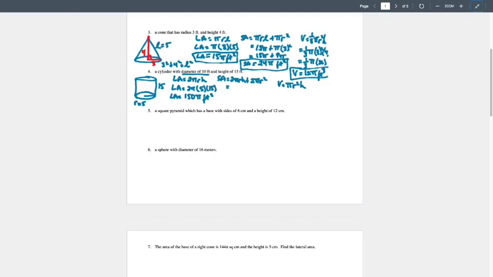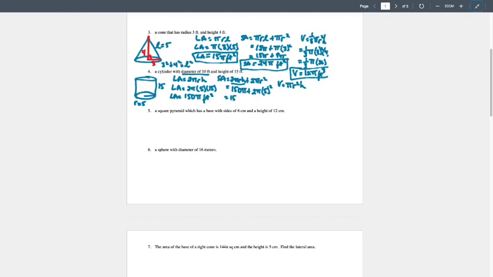All right, on the next one, I'm just going to write, this right here is the lateral area, so that's just going to be 150 pi plus, oops, sorry again, 2 times pi times my radius, which is 5, squared.